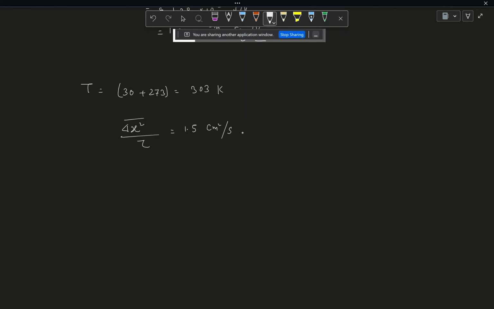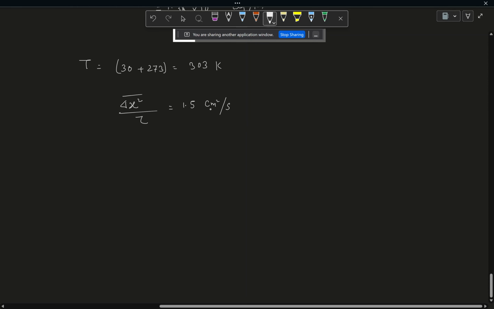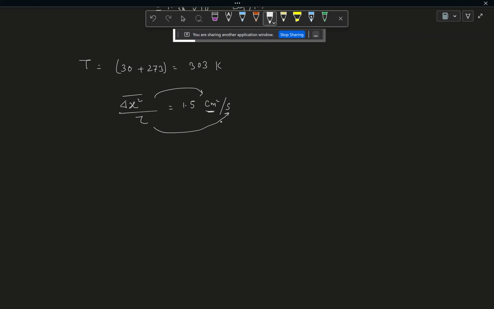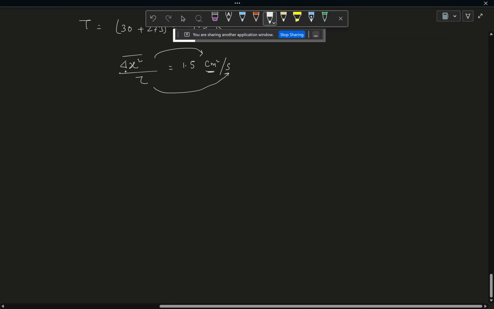Okay, so obviously this is centimeter squared, meaning this is the mean square deviation unit, right? And tau is the time unit in seconds that is divided by in this term. And you have also information about the viscosity of the liquid, which is eta. Eta is basically 0.01 poise in this case.